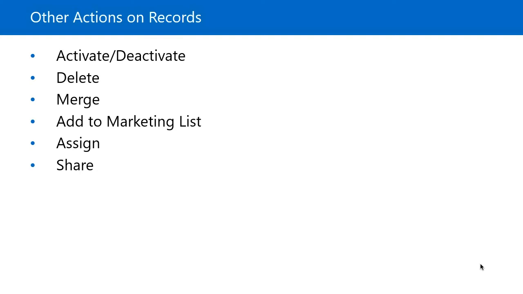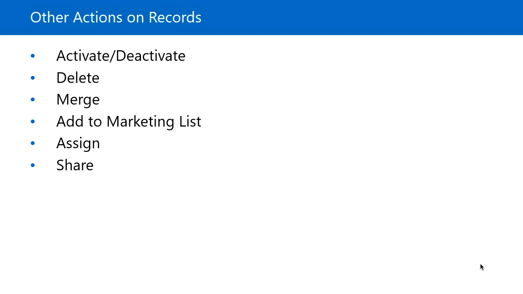Within the system, users have the ability to share specific records, views, charts, dashboards, and even advanced find queries with other users. Oftentimes, sharing is used in organizations where not all of the users have the equal level of access to records.